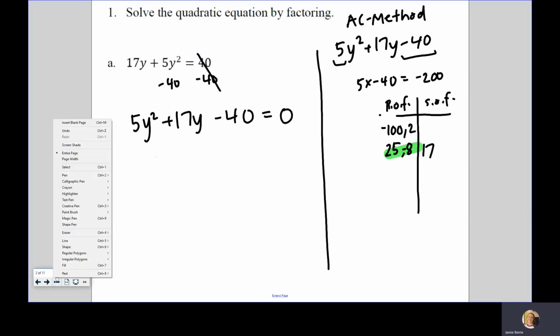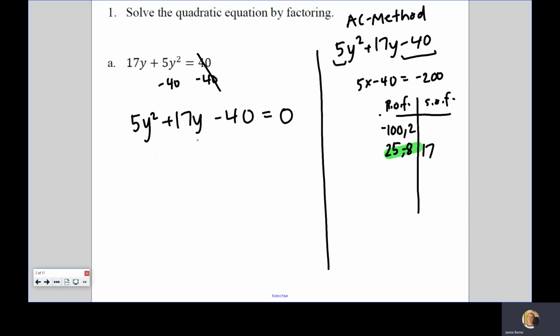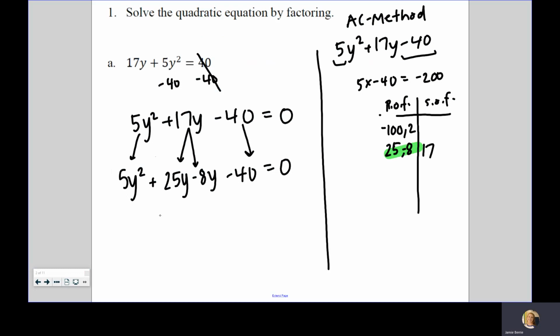I'm going to use those two numbers to split up the middle term. So the middle term here gets split up into 25y minus 8y. Everything else just comes on down. I'm going to add a little plus in between there because I know that my 25y was positive. All right, so go ahead, group the first two, group the second two.